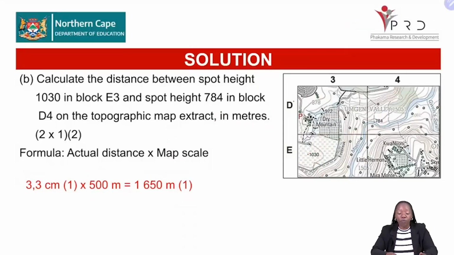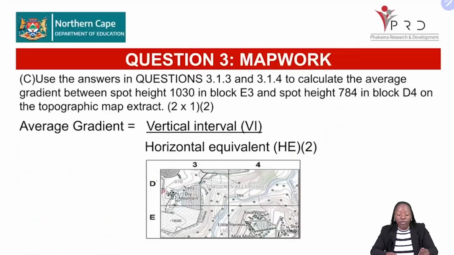Then after, we move to our C. With our C, use the answer in question 3.1.3 and 3.1.4 to calculate the average gradient between spot height 1030 in block E3 and spot height 784 in block D4 on the topographic map extract.